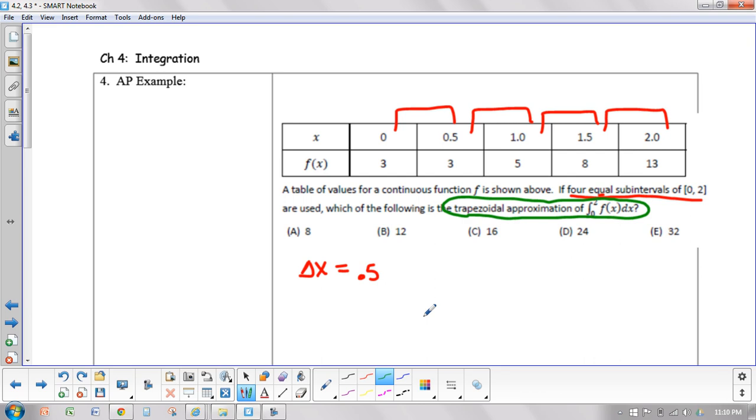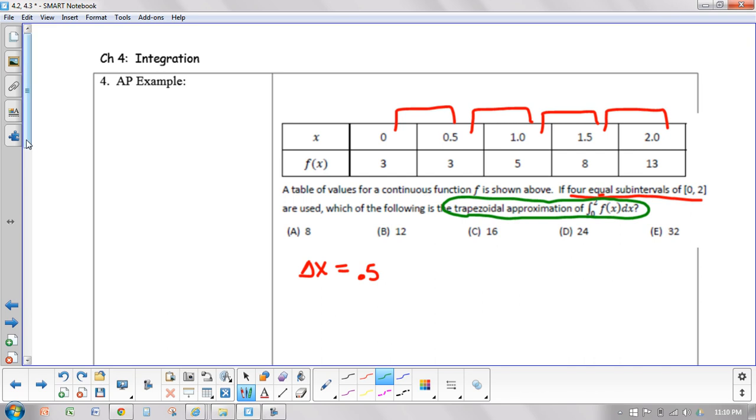You can go with that because it's a multiple choice question, but in some of their trickier multiple choice questions, you might not always want to assume that just because the values you see are positive, what if at 0.25 it dipped down below and did something funky? But here they're telling you to approximate it with the table that's shown, so all you have to go off of is the table that's shown.